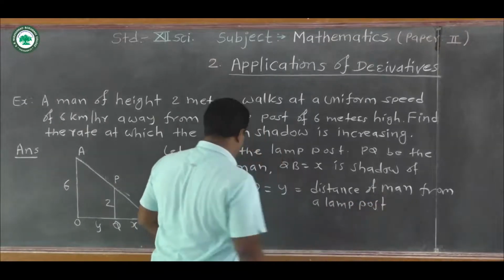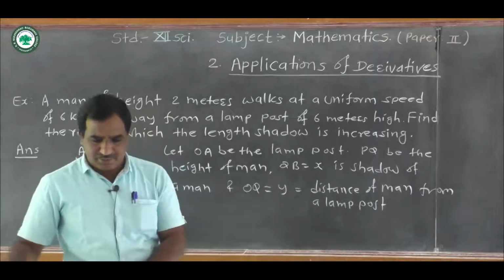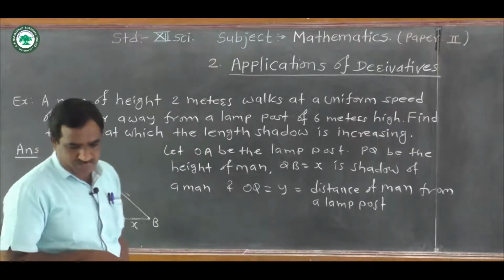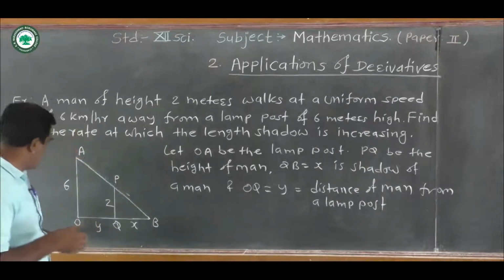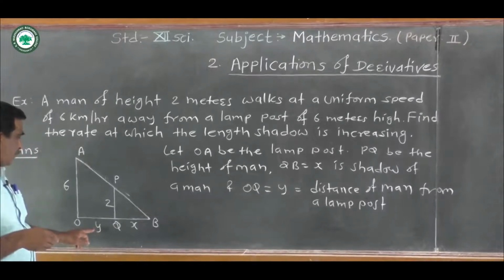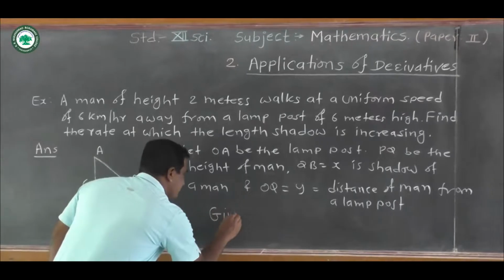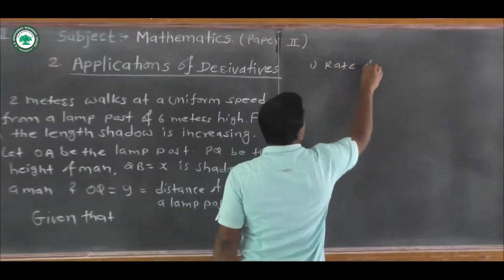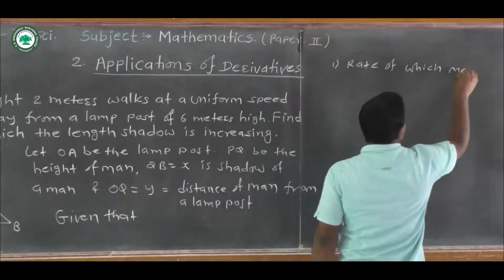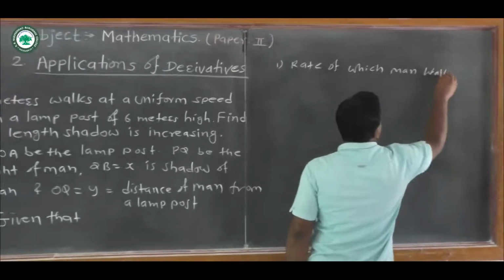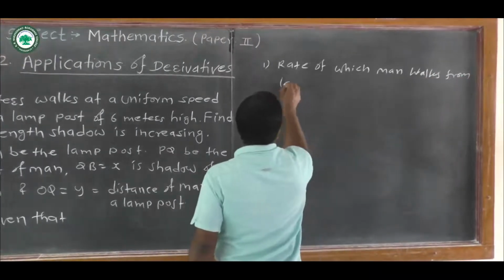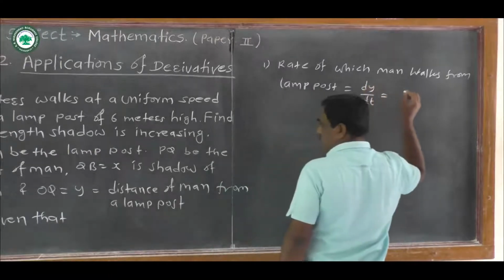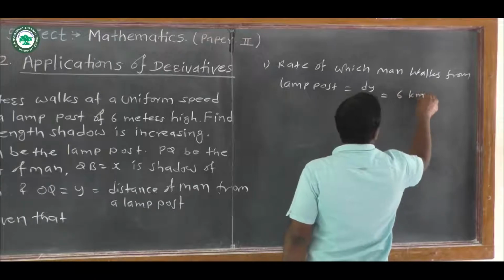Now we are given the rate of change of y, that is dy by dt, the rate at which the man walks from the lamp post. This distance OQ, we are given the rate of change of y, dy by dt. Given that the rate at which the man walks from the lamp post is dy by dt equal to 6 km per hour.